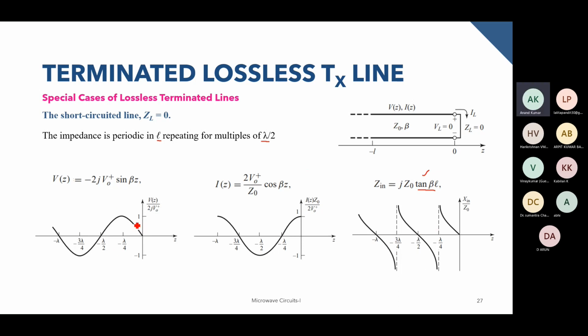The voltage is varying as sine, and the current is varying as cosine, and the input impedance starts from 0 and goes to infinity, then comes from minus infinity to 0 again, and then goes back to infinity. So this is how the impedance plot will look if you move along the transmission line.